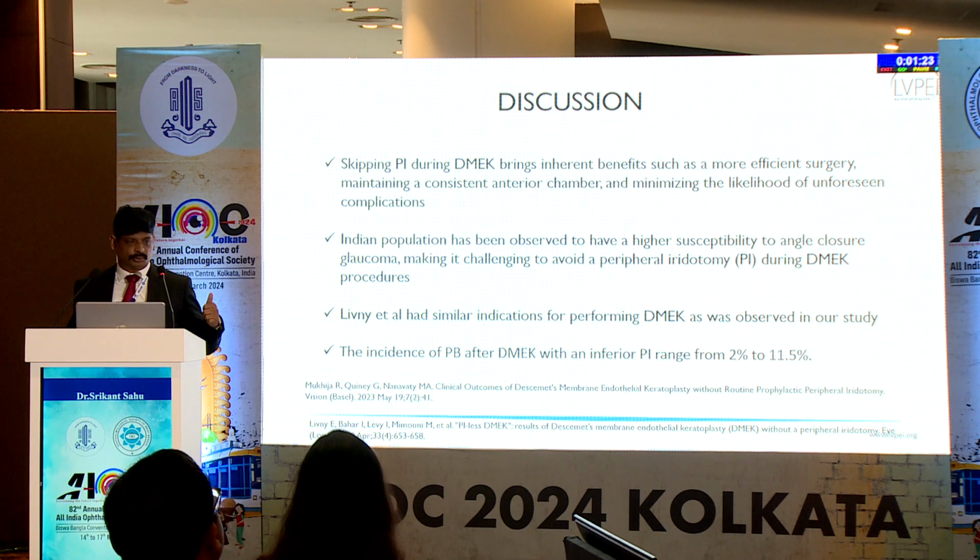We have seen that the graft detaches more if PI is done, and second, there is the surgical time. What was a matter of concern, and why we did this, is because Indian eyes are more prone to angle closure, so PI was considered more prudent and necessary. But over the years we have seen it's not necessary because even in India it's very safe.